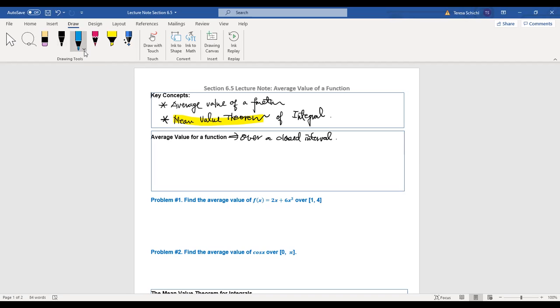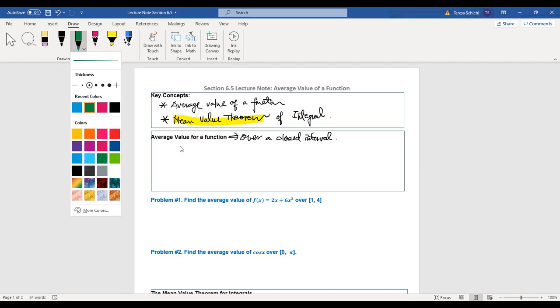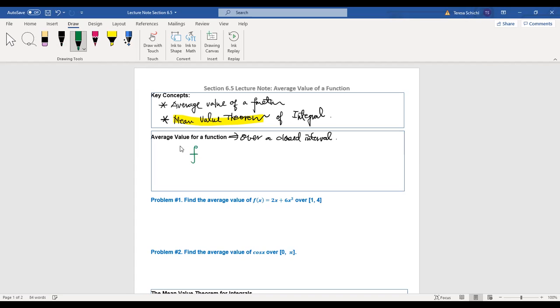This is my formula. It's f with a subscript for average. Some people like to use AVE instead of AVG. The average value is 1 over b minus a, times the integral from a to b of f of x dx.